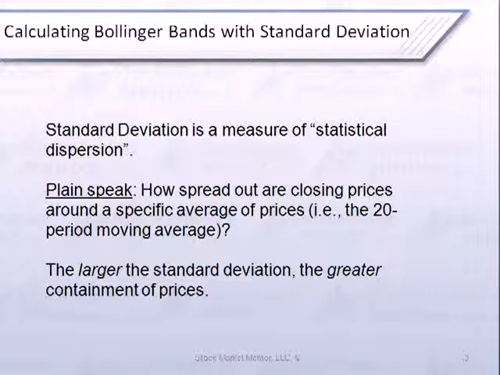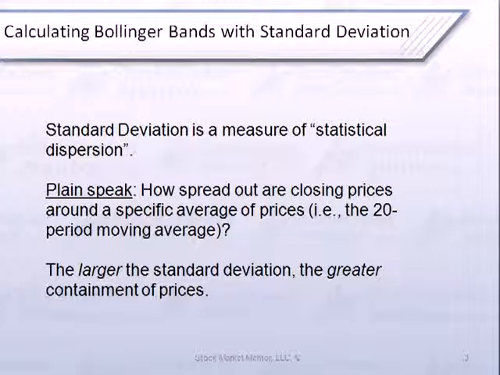How spread out are they around a specific moving average? And typically you use the 20-period moving average. You can use the 50-period moving average. You can use the 200. You can use whatever period you want. I like to keep it straight and simple, 20 periods. So if it's a daily chart, the 20-day moving average. If it's a weekly chart, the 20-week moving average.